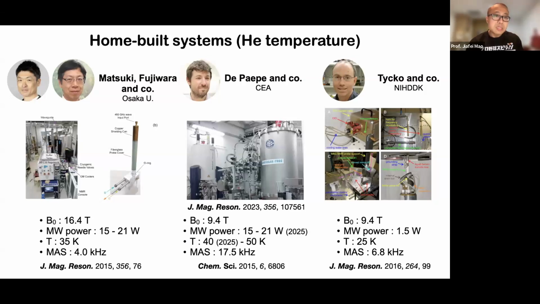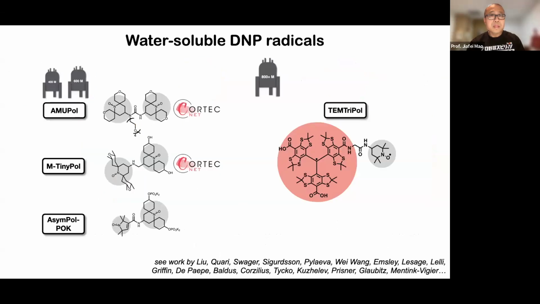So these instruments are not commercially available and are only accessible in very few labs. But if you do have a very particular application, especially if you need a very low temperature to freeze some weird dynamics, for example, the methyl rotation at 100 Kelvin, then possibly these spectrometers will be a good option.